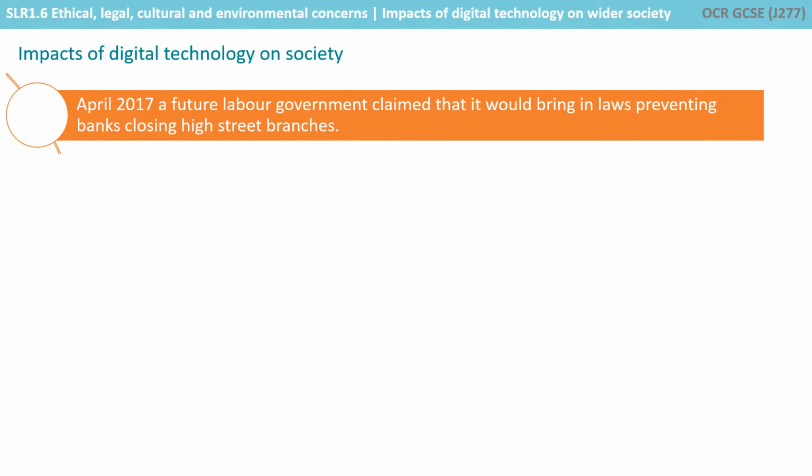In April 2017, this scenario came into the news as a future Labour government claimed that it would bring in laws preventing banks closing high street branches. The Labour Party said that it was part of the party's plan to rejuvenate the high street and to protect local communities.